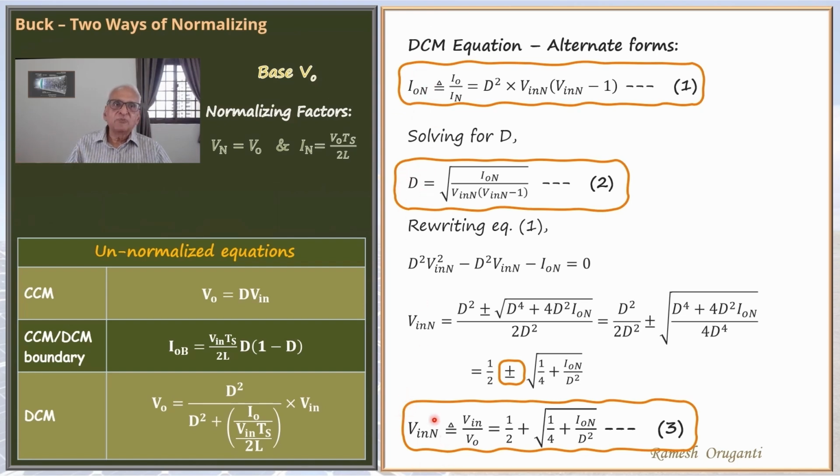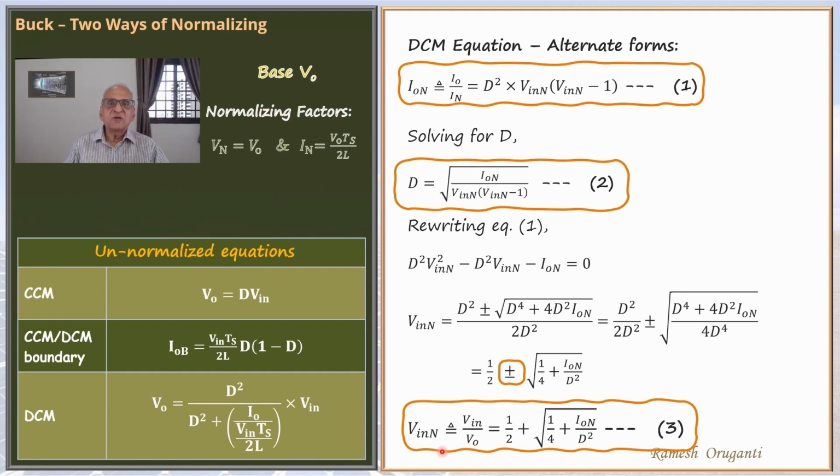In the first form, given D and Vinn, you can find out what is the normalized output current. In the second form, given ION and Vinn, you can find out what is the duty cycle. In the third form, given ION and D, you can calculate what is the normalized input voltage. As I mentioned, at the boundary operation, both the CCM output voltage equation and DCM output voltage equation are valid.